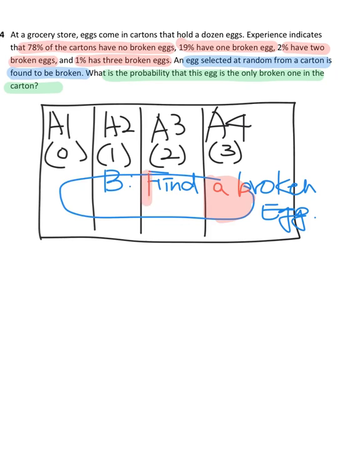And how about this one then? When we chose A3, who was A3? Actually there were 2 broken eggs and 10 clean ones. Unfortunately, I chose a broken egg from the box.